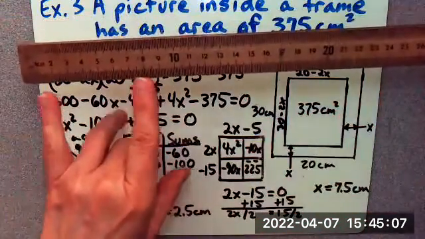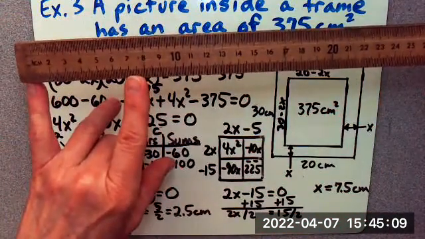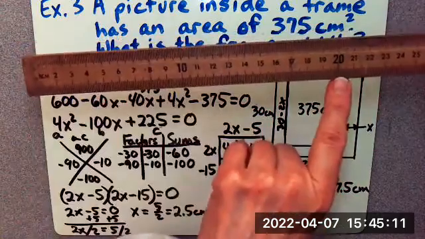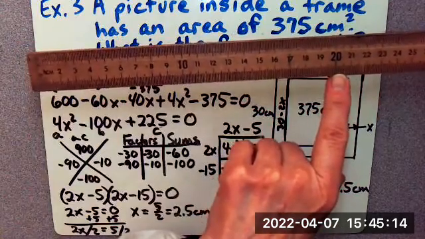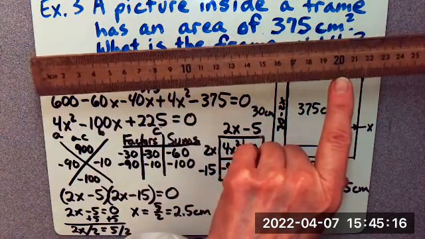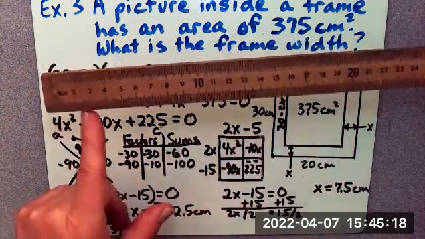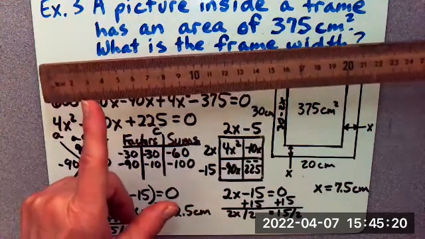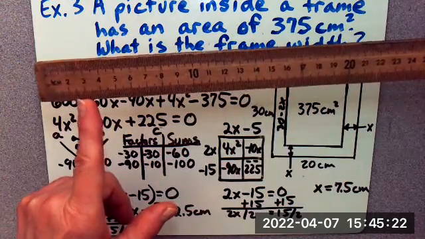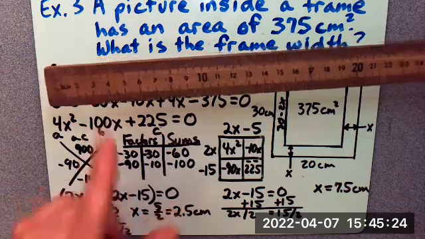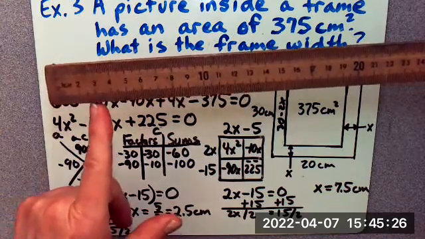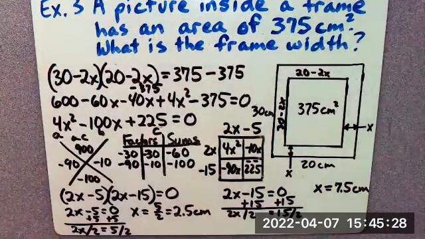So would we want a big picture frame on a 20 centimeter width picture, okay? Or would we want a little picture frame of 2.5? So probably for this little picture, we probably want to go with 2.5 centimeters.